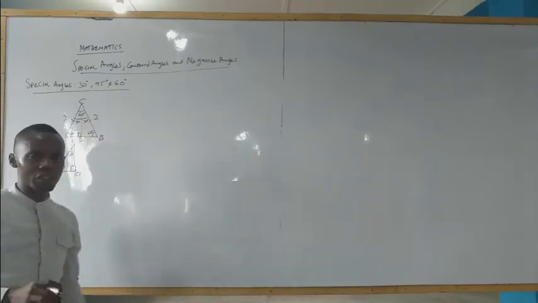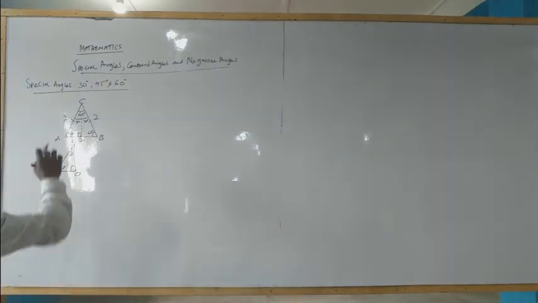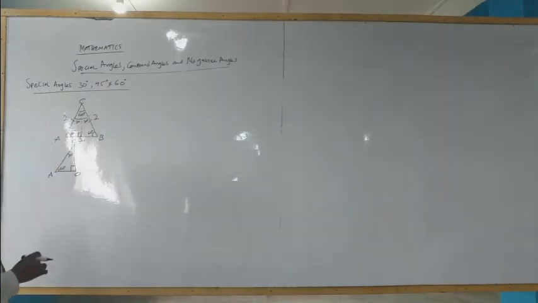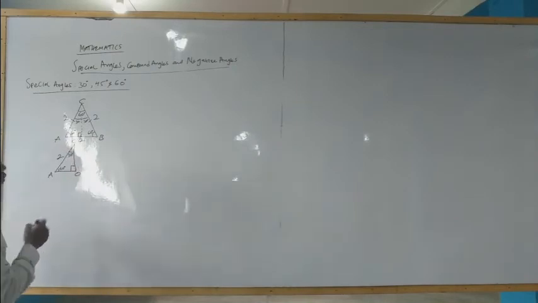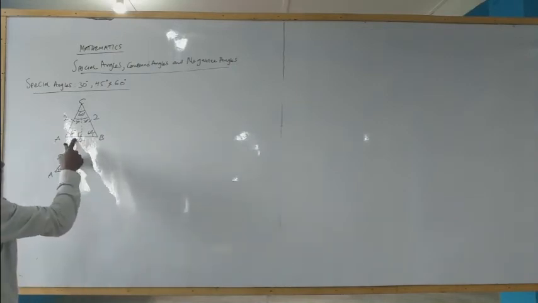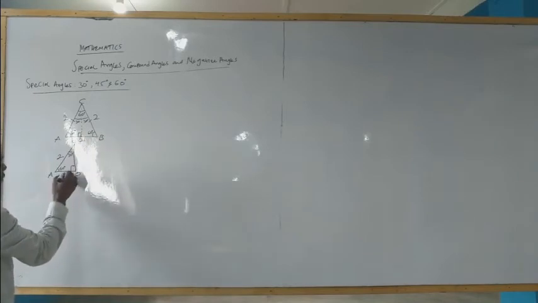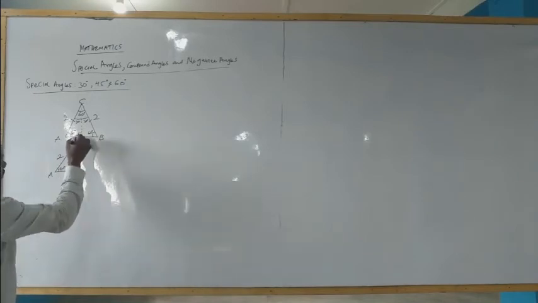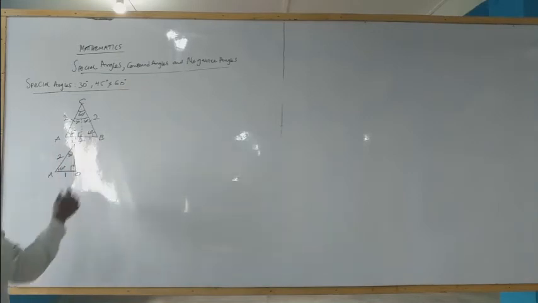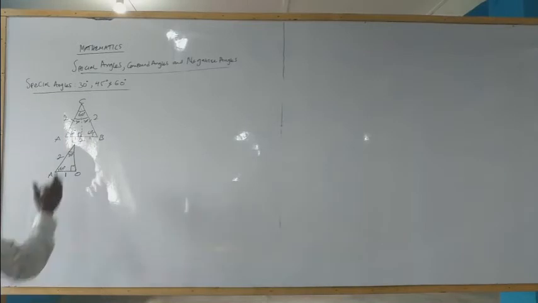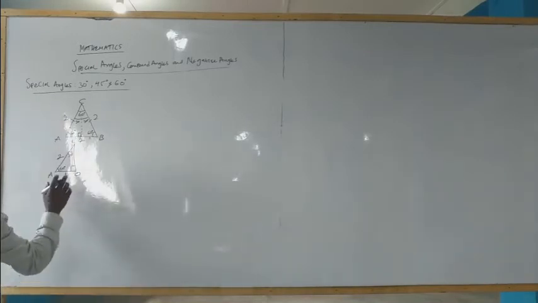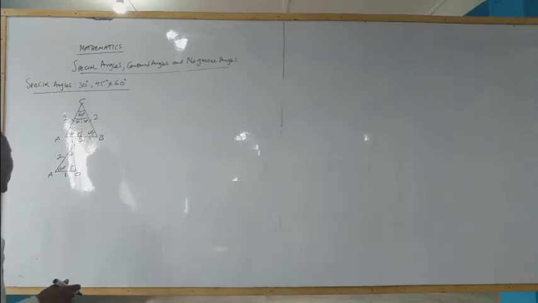Whatever value you put there is the same thing. If all the sides are 2, the base that I've divided into two will be 1, so we have 1, 1, making 2. This one remains 2. So we have only one part of the equilateral triangle, and I'm using this to derive angle 60 and angle 30.